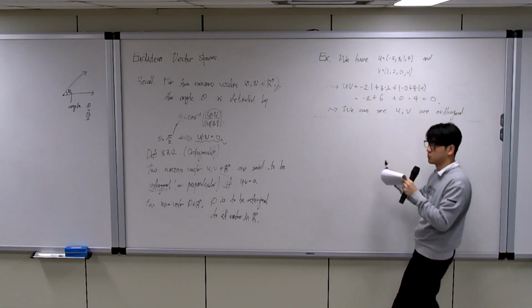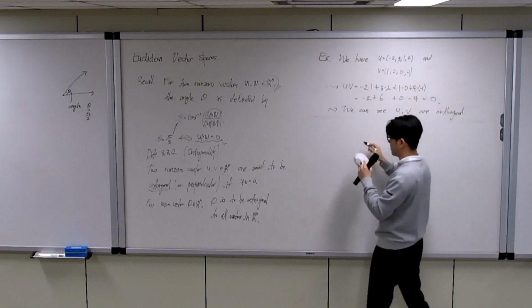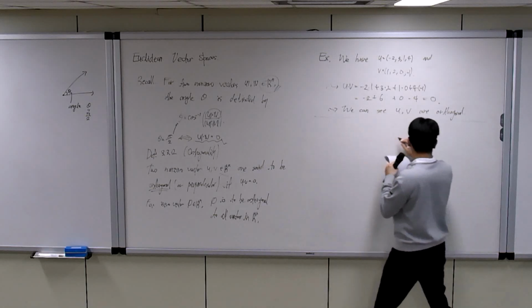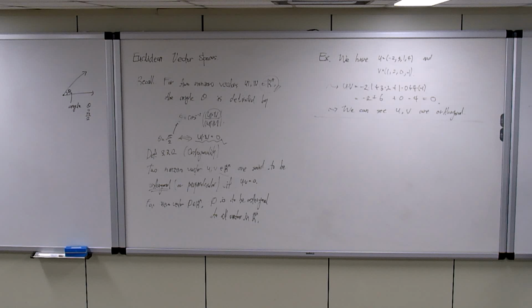In R to the 2 or R to the 3, if we draw a line in R to the 2, then we might give this line by giving a point p0 and the slope the line has.